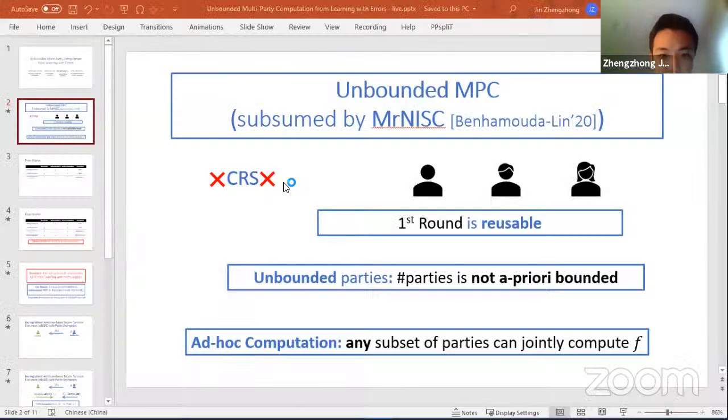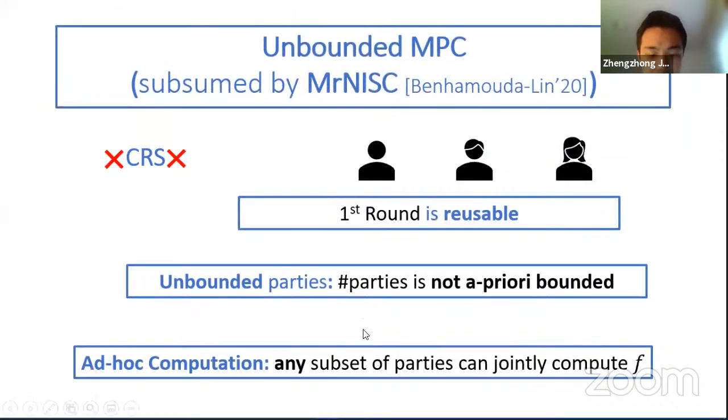And where does the "unbounded" in the title refer to? I actually missed that point. Unbounded in which sense? So for unbounded, we mean we require the first round message to not bound the number of parties.